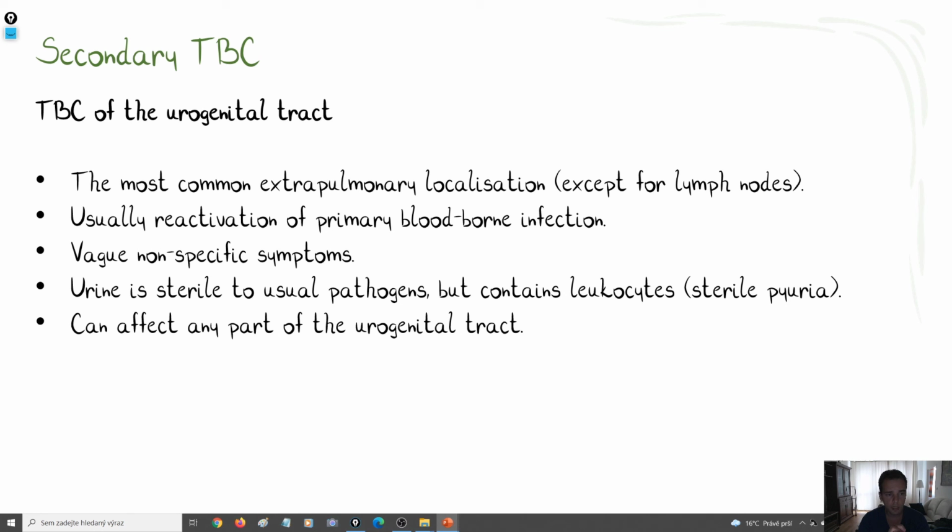The problem is, any part of the urogenital tract can be affected. And the symptoms are often vague and non-specific. In the urine, you can find leukocytes, which is called pyuria, but the urine is sterile to usual pathogens, usual bacteria. So it's called sterile pyuria. But in fact, it's a falsely negative sterile pyuria, because there is a mycobacterium.